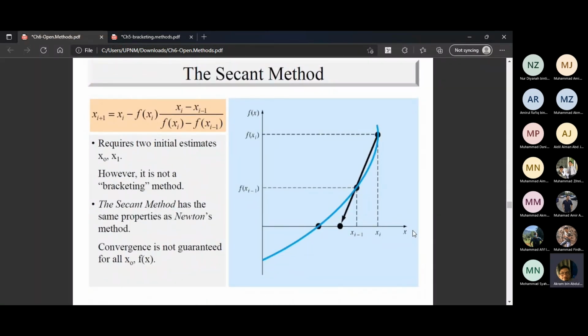You can choose any point. In this example, we choose xi and x sub i minus 1, where these two points are not situated such that the root exists between them. You can have points that do not bracket the root.